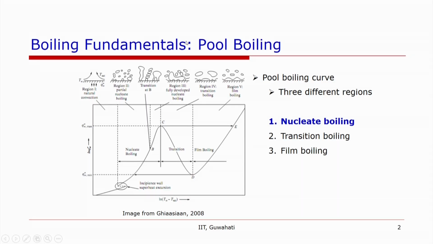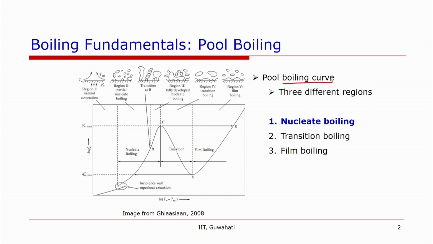Looking first at pool boiling, what we have here is a boiling curve for pool boiling. These curves were obtained by Nukiyama and then researchers later on, and the results have been presented in the form of a boiling curve.